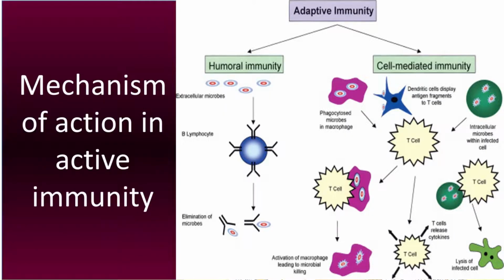Acquired active immune response takes two forms, humoral and cell-mediated, and both usually develop in parallel. Number 1, humoral or antibody-mediated immunity, AMI, and number 2, cell-mediated immunity, CMI.